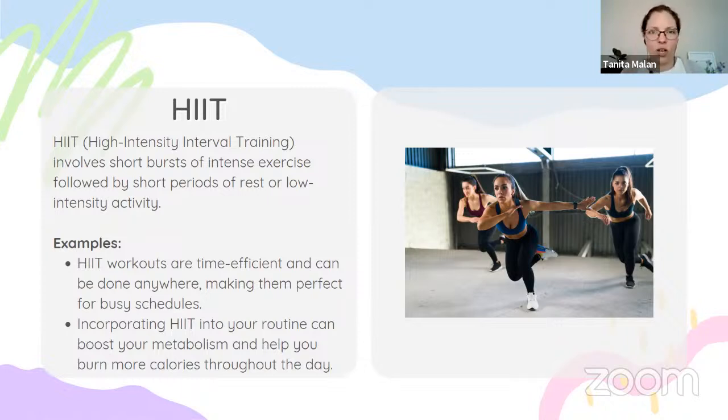But to run as fast as you can, maybe a minute, 2 minutes, and then you're just tired, your body can't do it anymore. High intensity works in both of those. So imagine that you run for a minute as fast as you can, and then you walk for 30 seconds. And then you run another minute as fast as you can, and then you walk for 30 seconds. That is HIIT, or a HIIT workout.